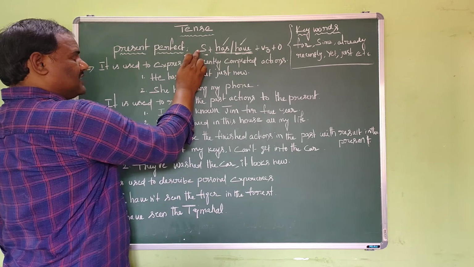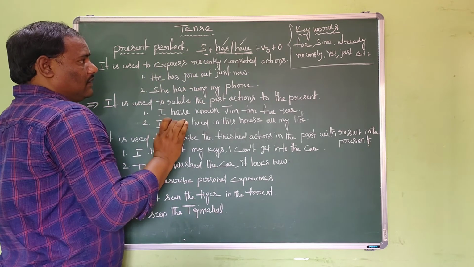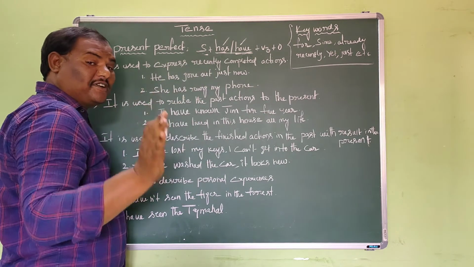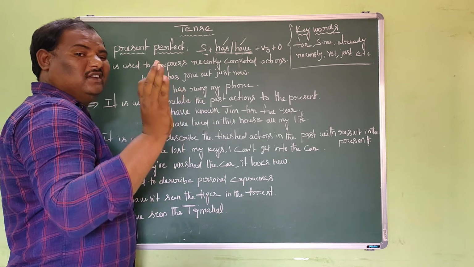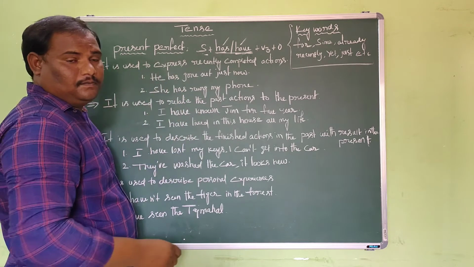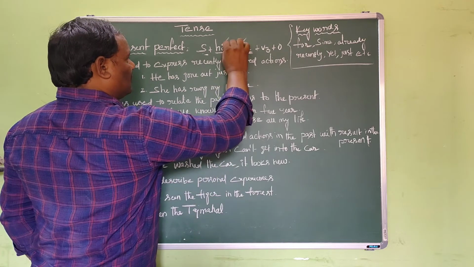When the subject is in third person singular, he, she, it or any noun, then we can take the auxiliary has.